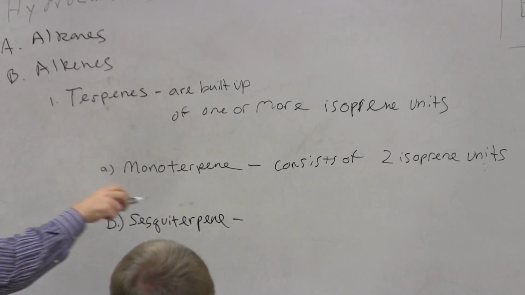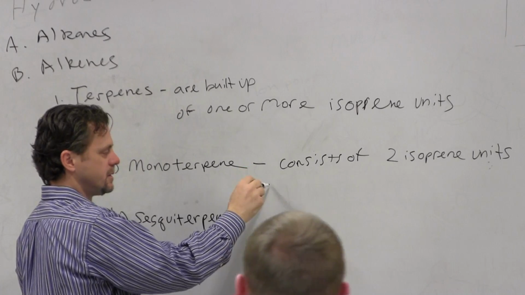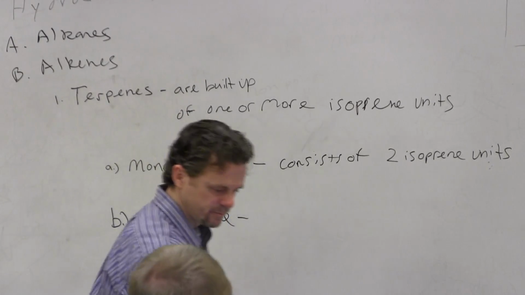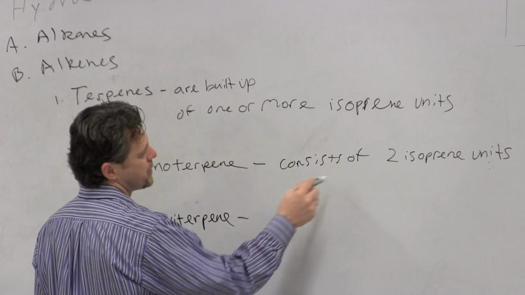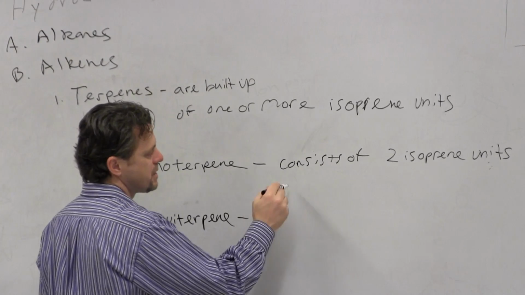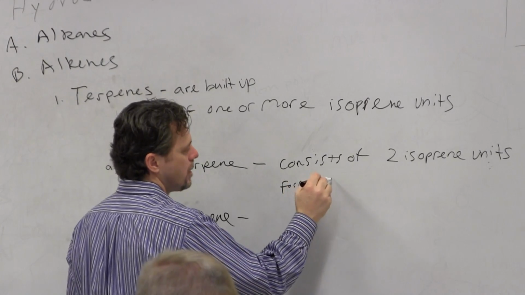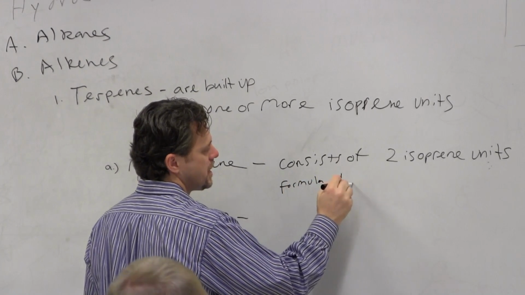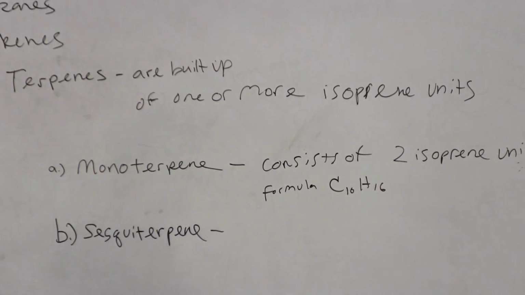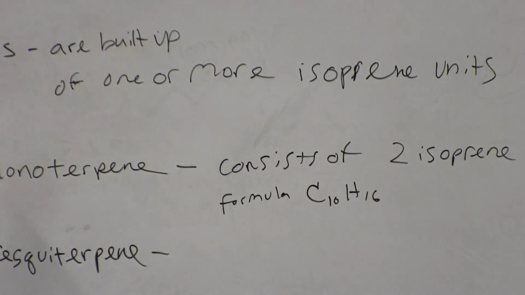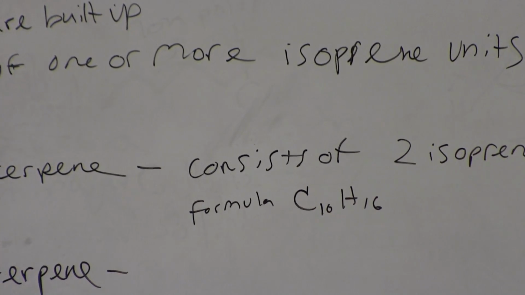So in other words, the formula for monoterpenes, obviously, since it's built up of 2 C5H8, the formula will always be C10H16. Always. To be a monoterpene, it has to have that formula, C10H16.